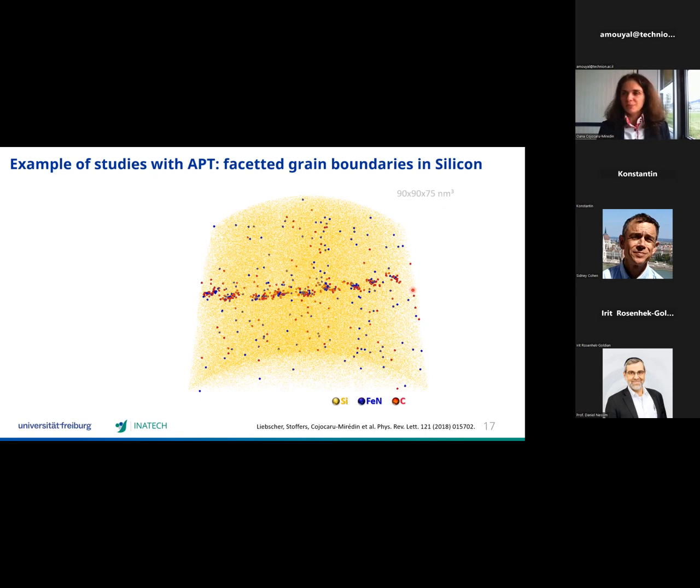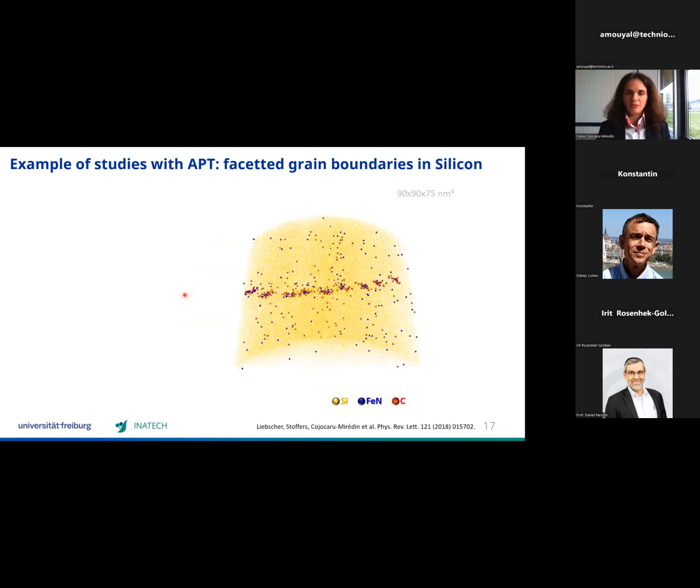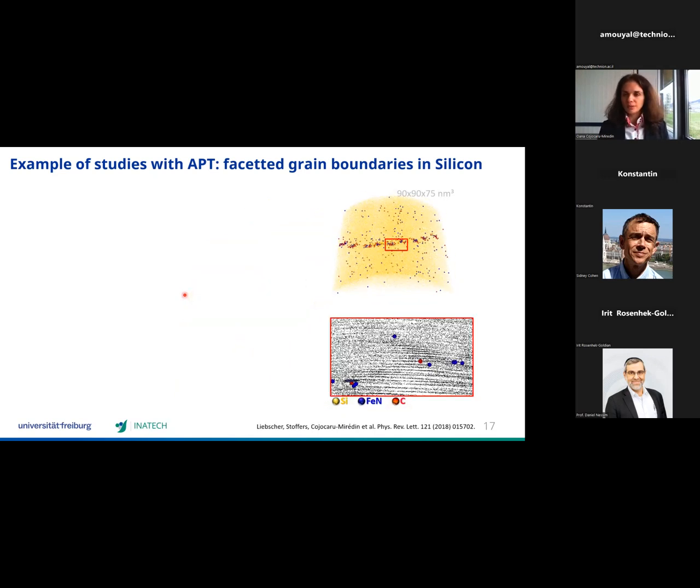But I'm speaking about faceted grain boundaries, and here we have no signature of faceting from this segregation phenomenon.